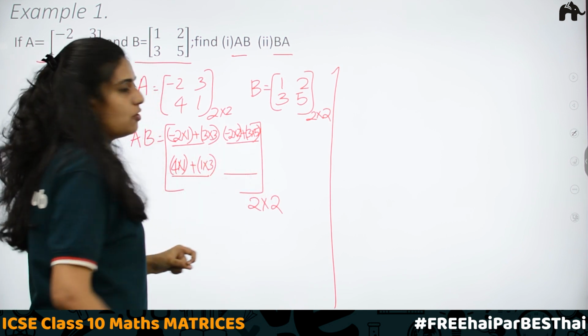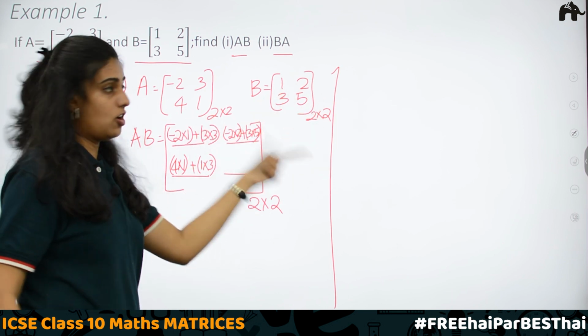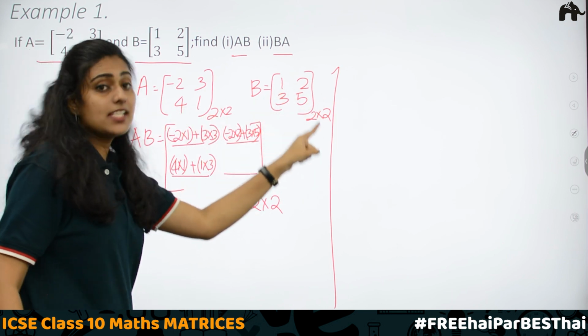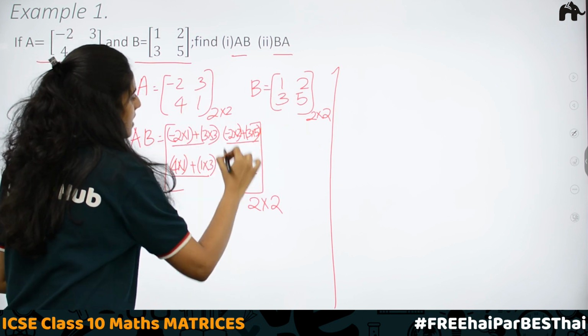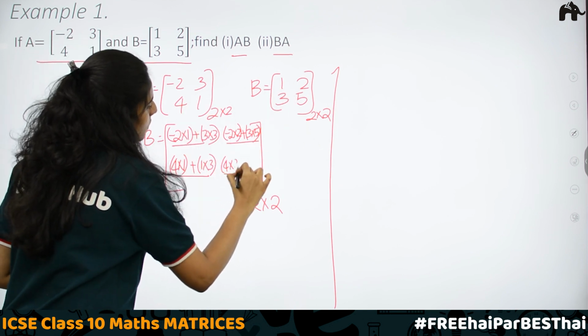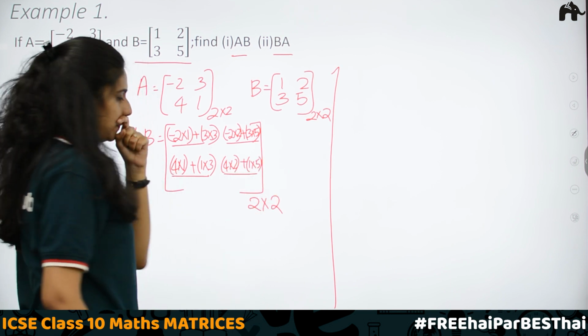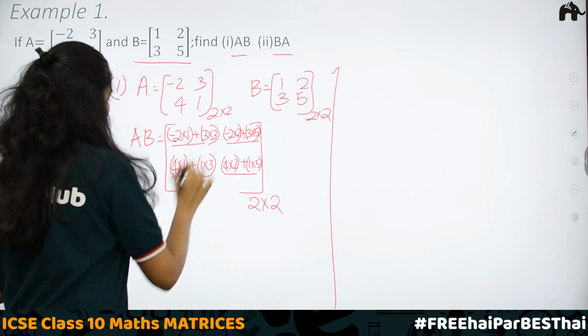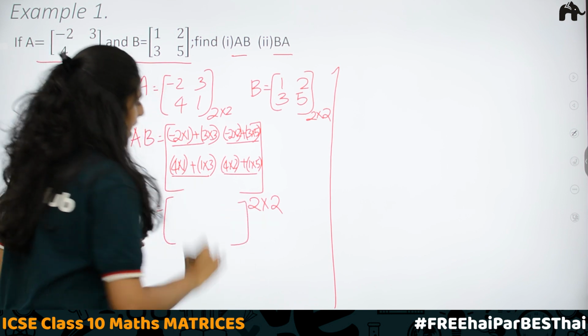Now to get the fourth, we have to take the second row and the second column. Second row of first matrix and the second column of the second matrix. 4 into 2. First elements 4 into 2 plus 1 into 5. Okay. Now, we'll perform the multiplication and the addition.